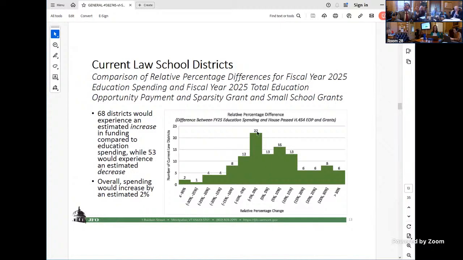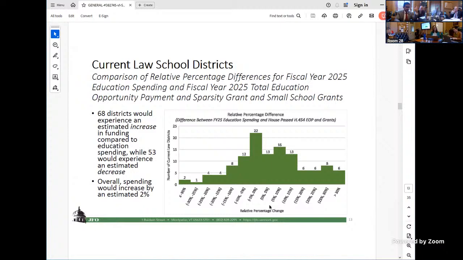So for instance, this 22 column is within the bin of -5% to 0%, meaning that 22 districts would see an estimated decrease between 0% and a relative 5% decrease. It's also important to note that these are relative percentage changes, because I'm looking at the relative percentage change within the district. So essentially the percentage change is weighted based off of how large that school district's education spending is.